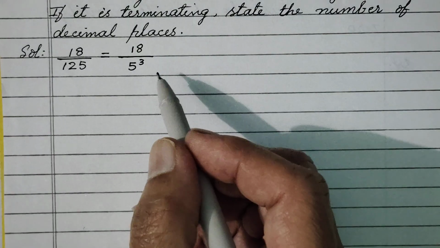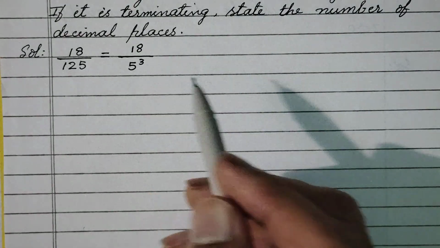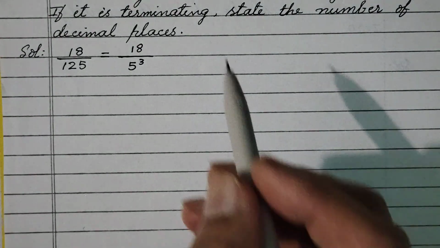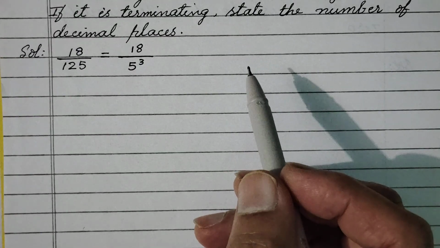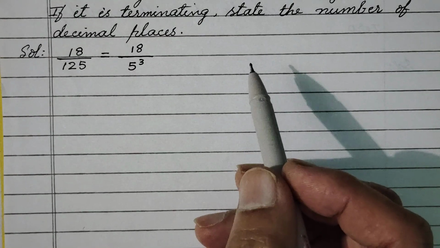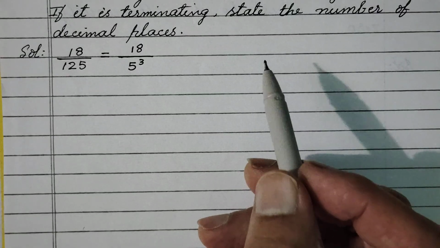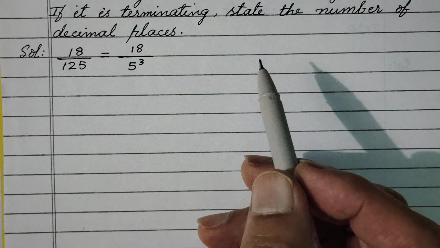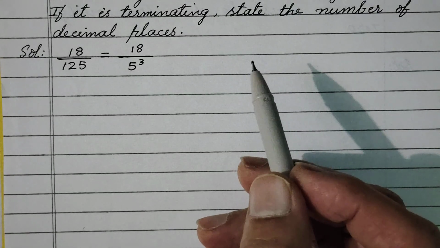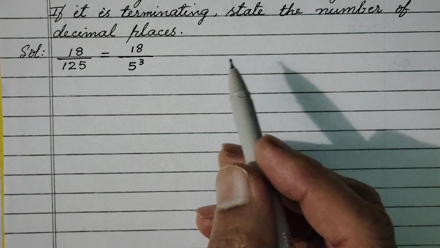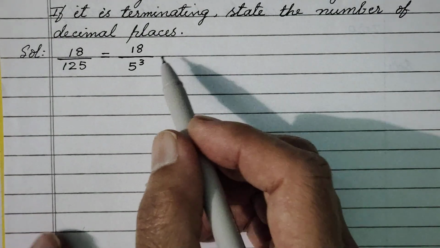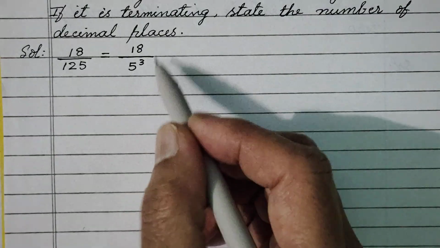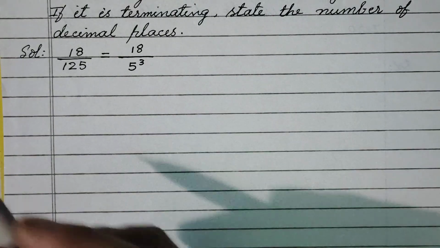So now we know that if the prime factors of the denominator of a rational number contain only 2 or only 5 or only 2 and 5, the decimal expansion of such a rational number is terminating. Therefore, the decimal expansion of this rational number is terminating.